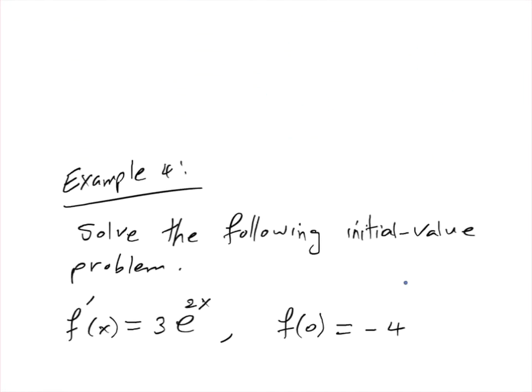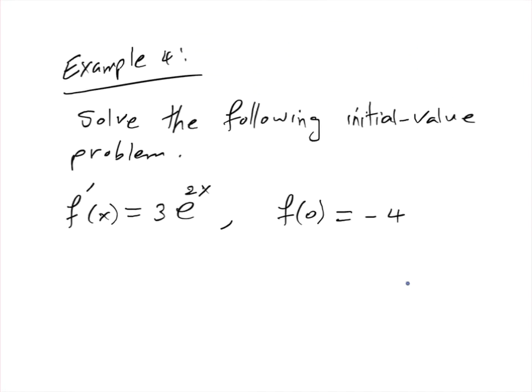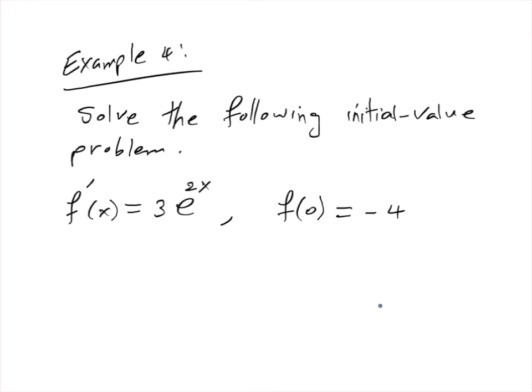Let's look at another example. Here it says solve the following initial value problem. They give you the derivative. In addition to the derivative, they're giving you the value of the function at a certain number. This is what we call the initial condition.